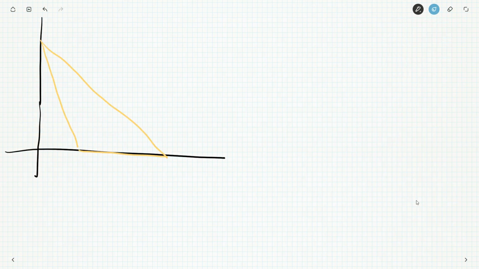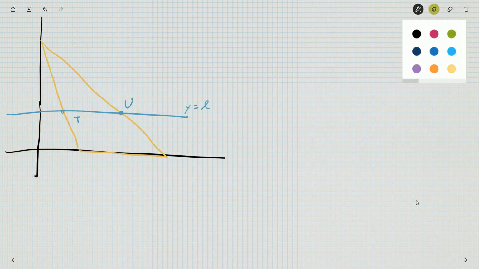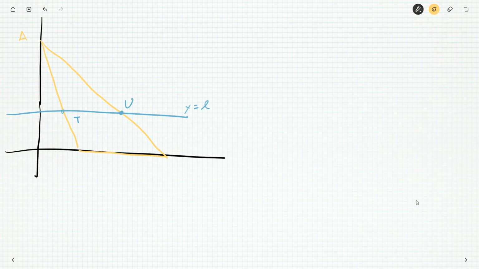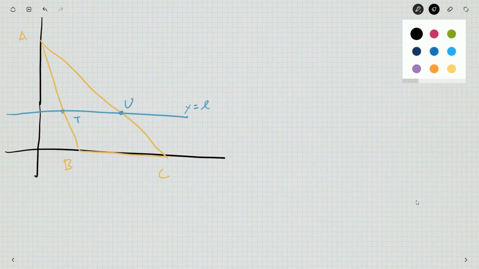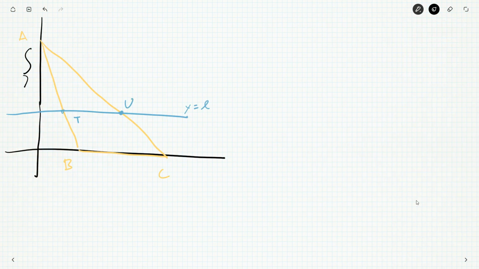So now I know my answer should be something like this, y equals L. All right, and I get U, and I get T, I get A, B, C. Okay, now I know the height is 8 minus L. So the height of triangle ATU is 8 minus L. That's fine.